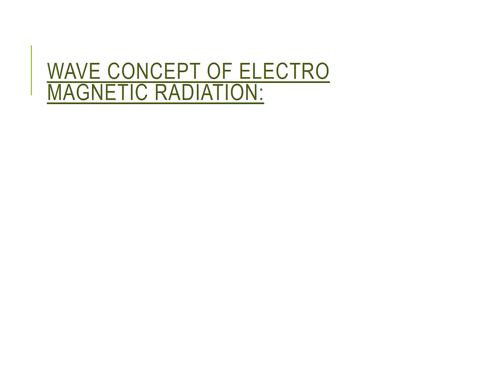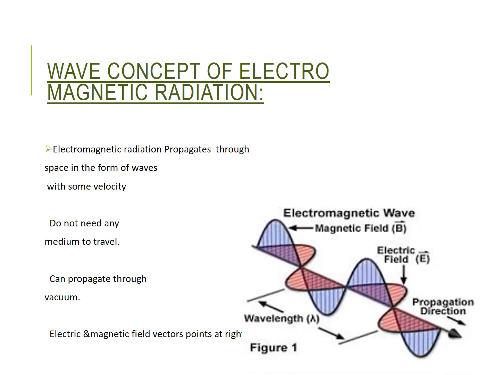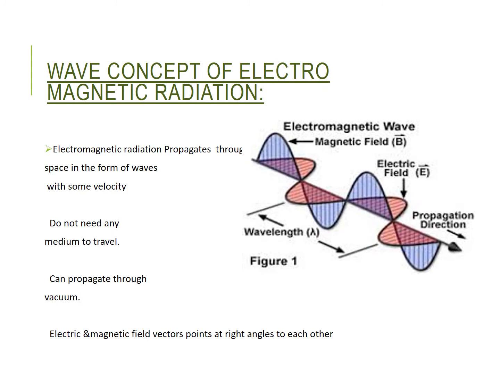So let's look at what is this wave concept of electromagnetic radiation. As I've already told, electromagnetic radiation will propagate or move through space in the form of waves. I already told there are two concepts, the wave concept and the particle concept.